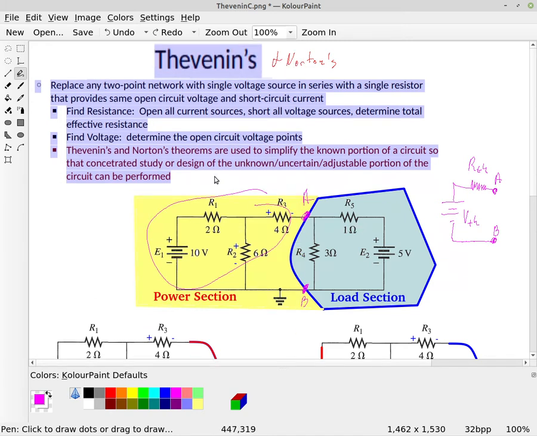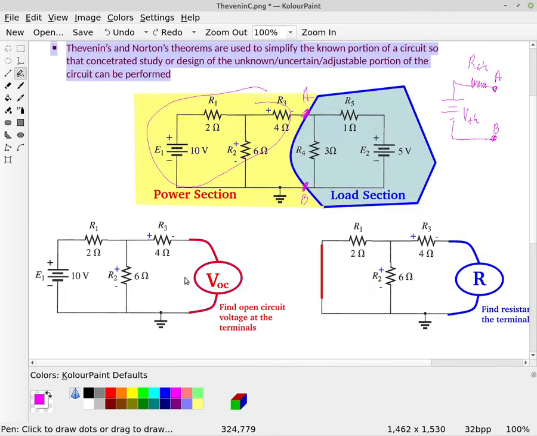You have to find V Thevenin, which is the open circuit voltage at your points A, B, right here. So here's our point AB. And then we have to find the resistance.